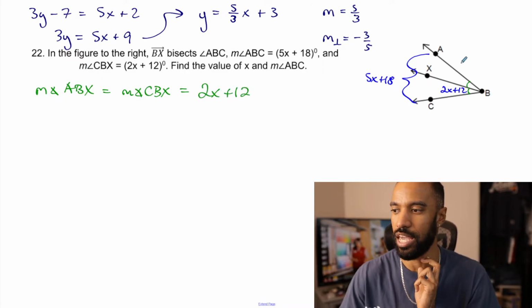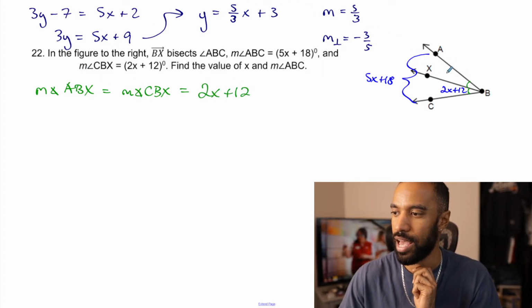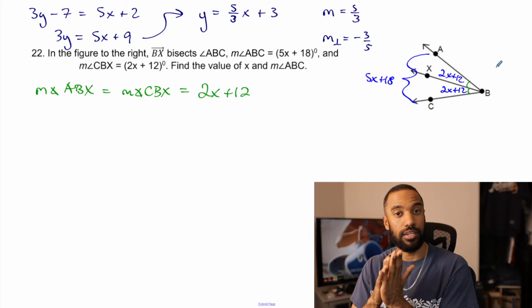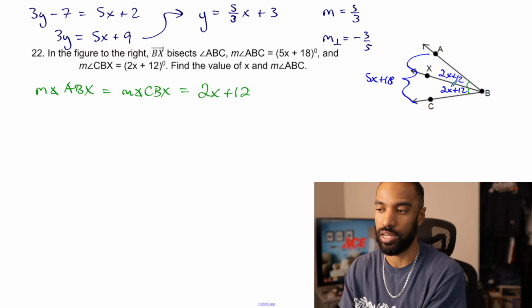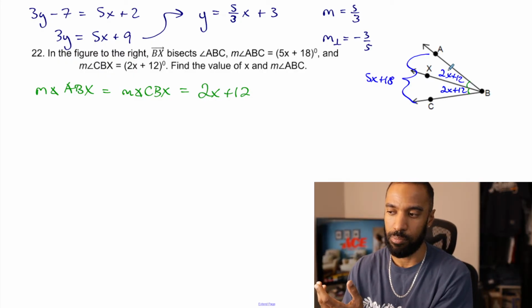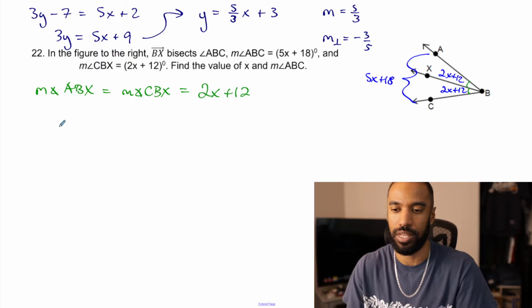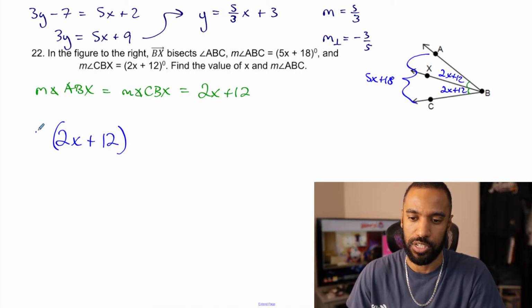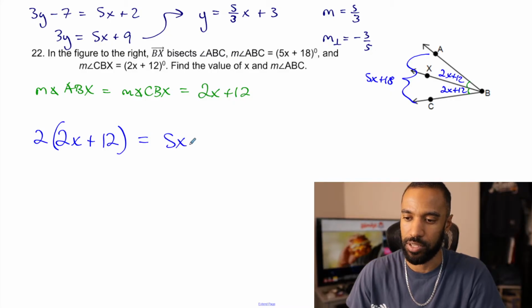That means the measure of angle ABX can also be written as 2x plus 12. And that's important because I'm going to use my angle addition postulate. If I add this angle with this angle measure here, I get the measure of the entire thing. So if I double my 2x plus 12, I get 5x plus 18.